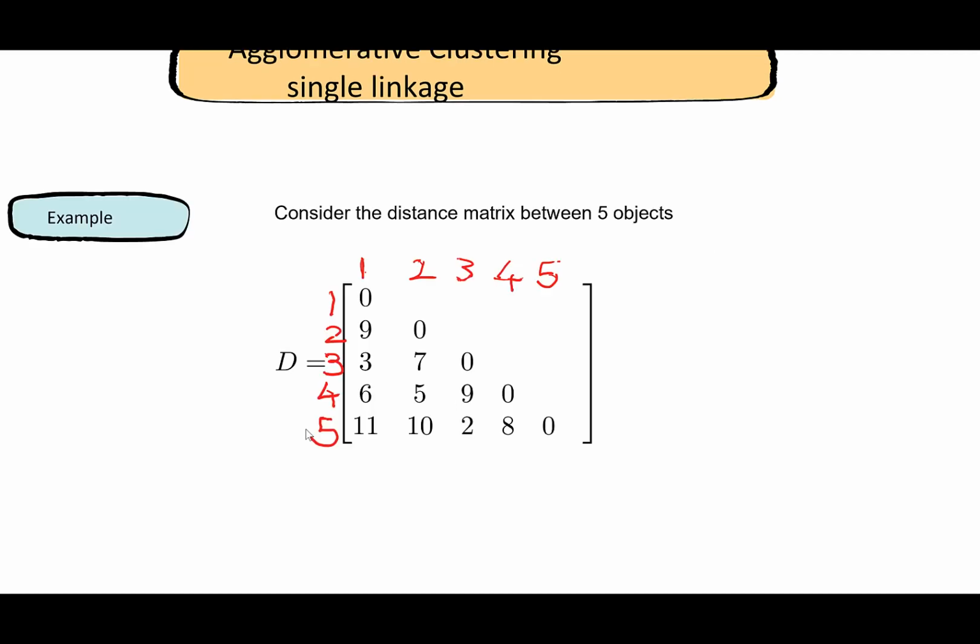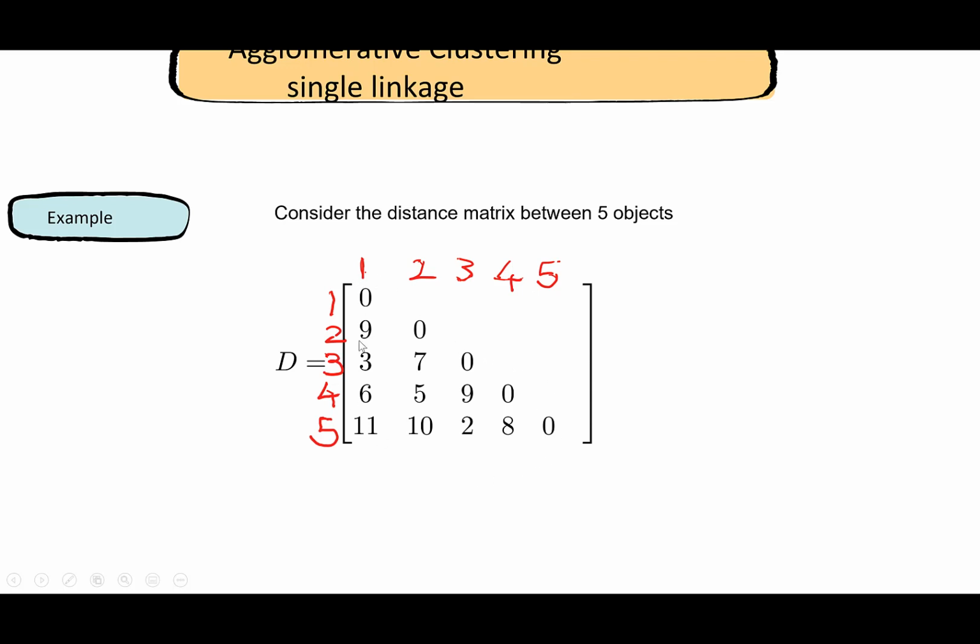Now we'll work in detail through an example of how this clustering proceeds. This is a distance matrix. Remember, I don't need the original data. For clustering, all I need is a distance matrix that corresponds to the original data. This distance matrix has 1, 2, 3, 4, 5, so it has 5 elements. Remember, I don't need the complete matrix.